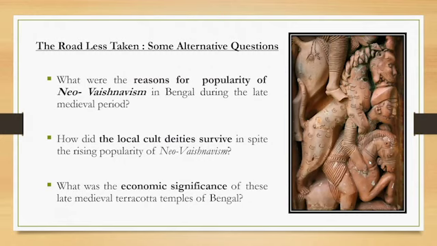Special mention should be made of Shiva, as he is the second most popular deity after Krishna in terms of the temples dedicated to them. The last question is, were the temples just places of religious congregation, or was there any economic significance of the temples as well?